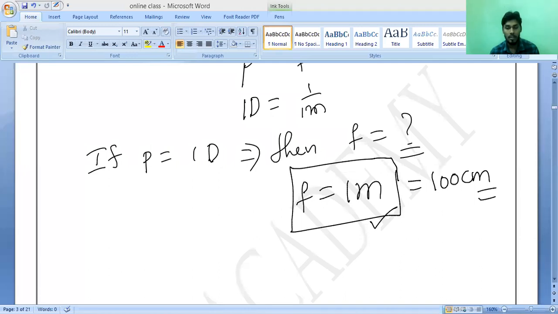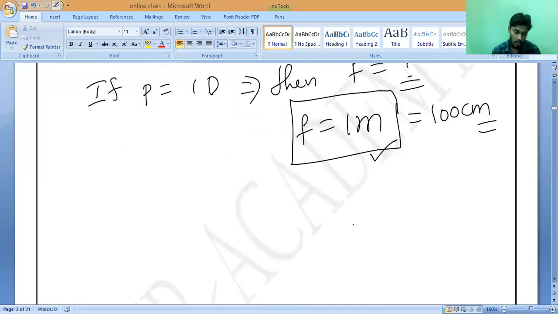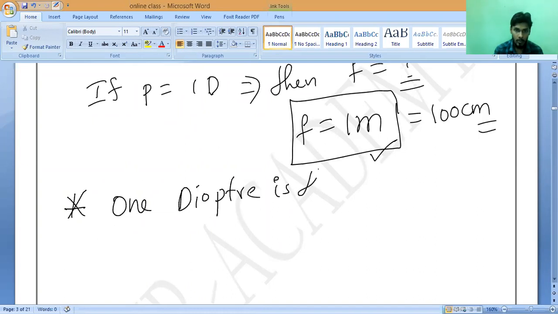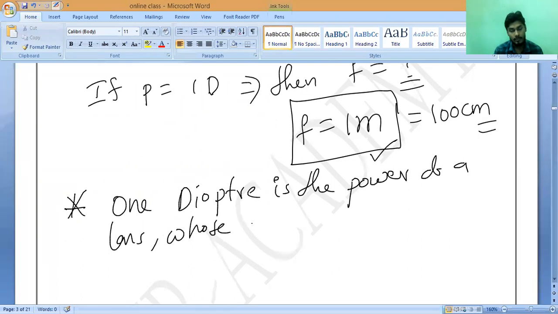That is the statement you should write. One dioptre is the power of a lens whose focal length is 1 meter.